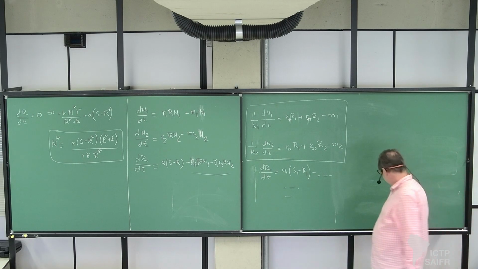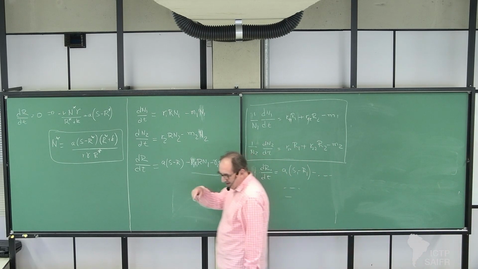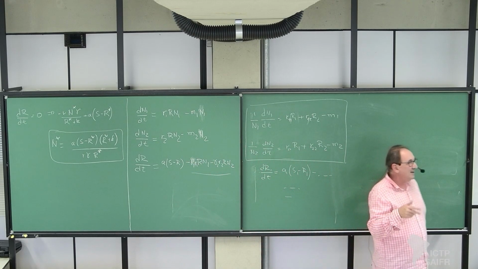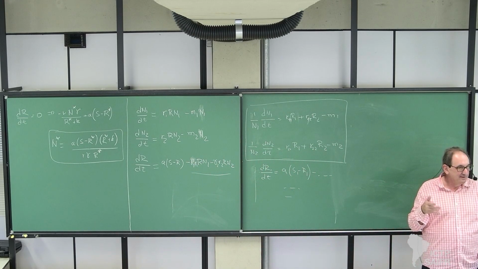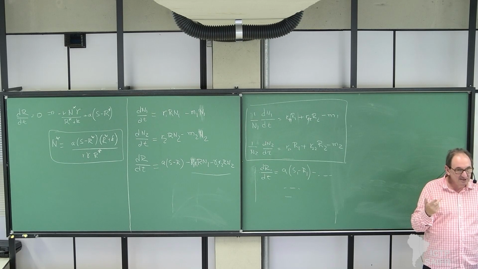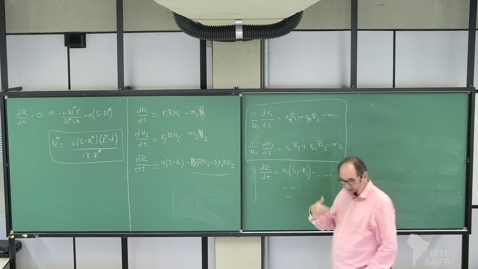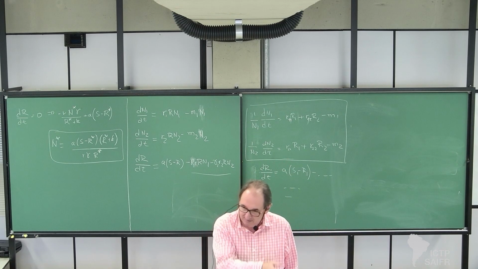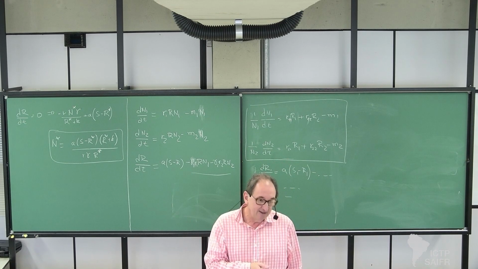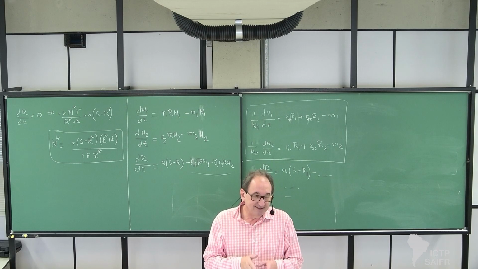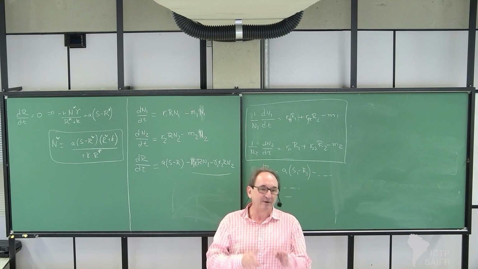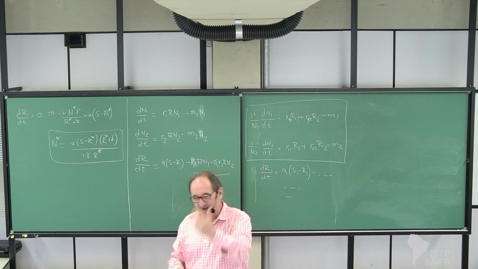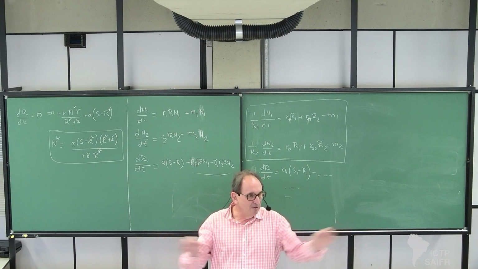So, this fact that if R1 is smaller than R2, it means elimination of 2 in the presence of 1, and the equilibrium with the resource of 1. Okay, you can do this. Then you have R1 star, R2 star, R3 star.